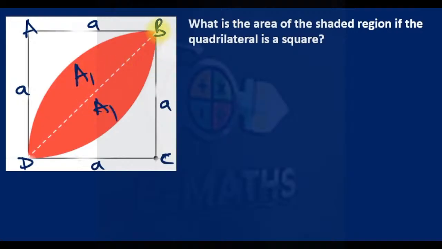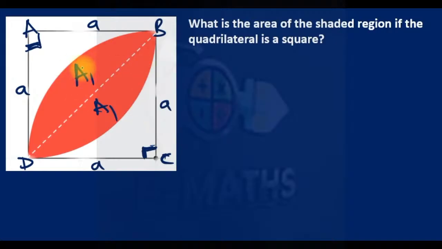If you look at this, we have a sector. This is a square, so each interior angle is 90 degrees. We have sector CBD and we're asked to find A1. It's the same thing as subtracting the area of this triangle from the sector.